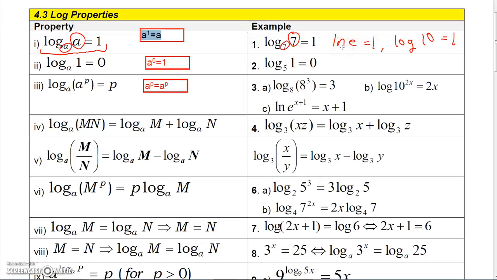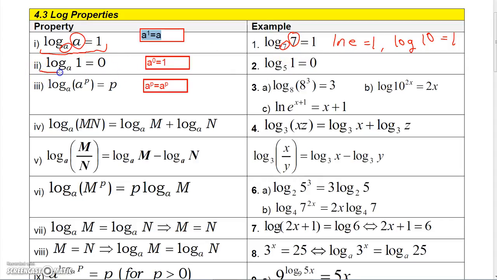The natural log of e would also be 1, because remember, it's understood that the base of natural log is base e. So you have an argument e and a base e. The common log of 10 would be 1, because remember, it's understood that the common log has base 10. So here you're taking the log of 10 with the same base 10, so that would equal 1 as well.